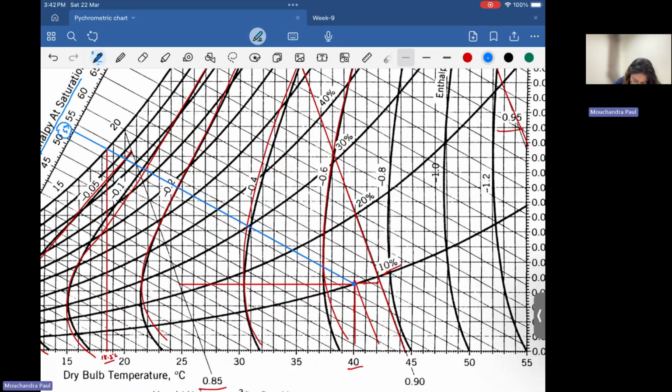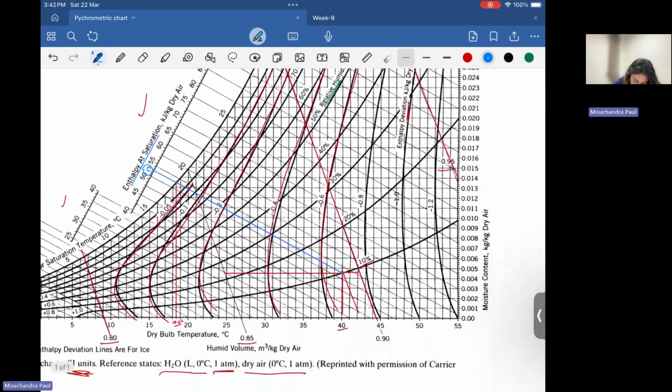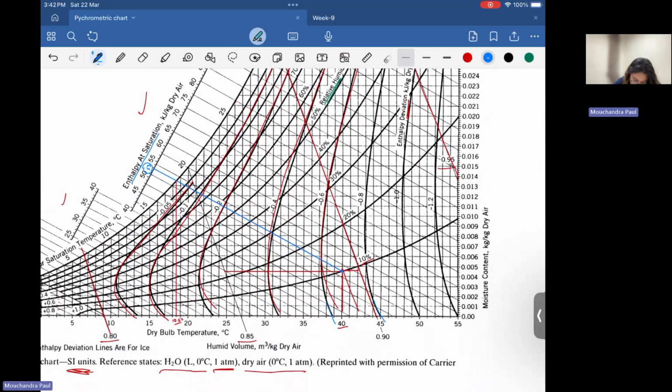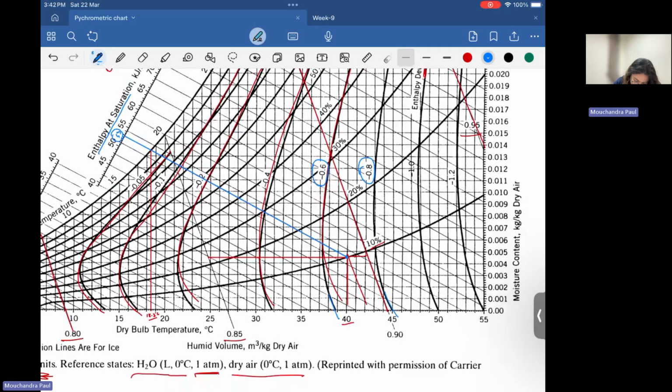This point lies between this curve and this curve. This curve corresponds to minus 0.8 deviation, and this line corresponds to minus 0.6 deviation. So it lies in between.